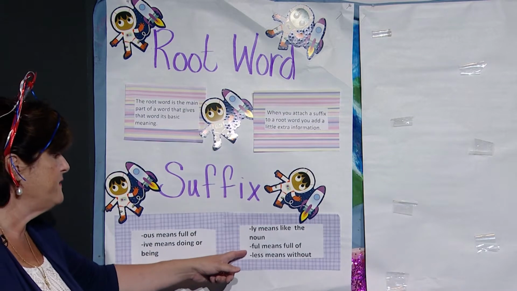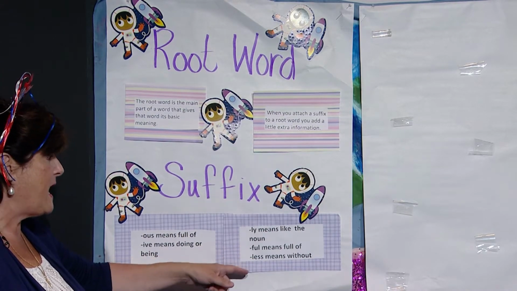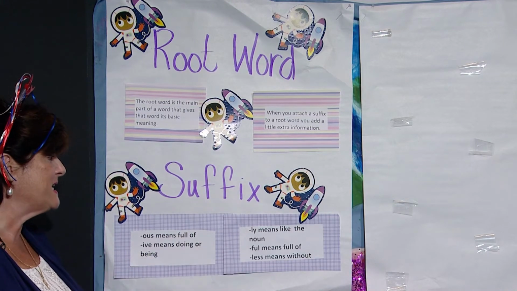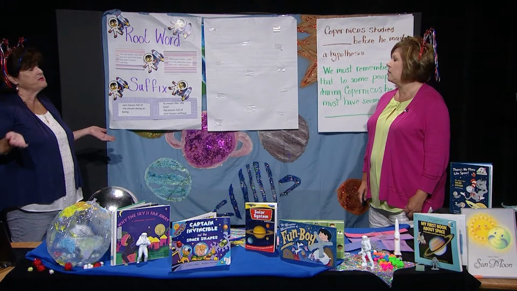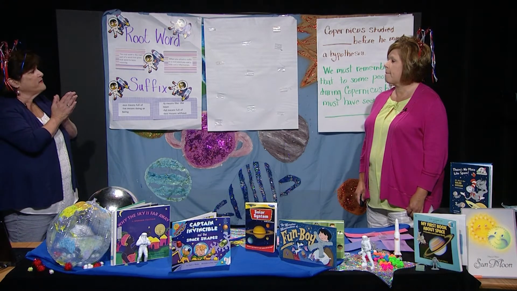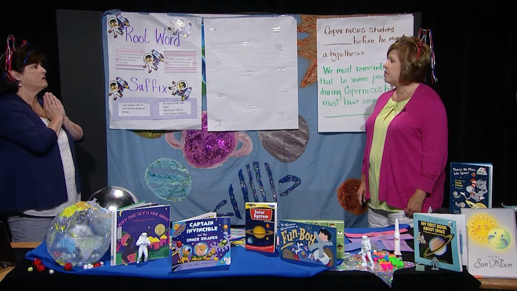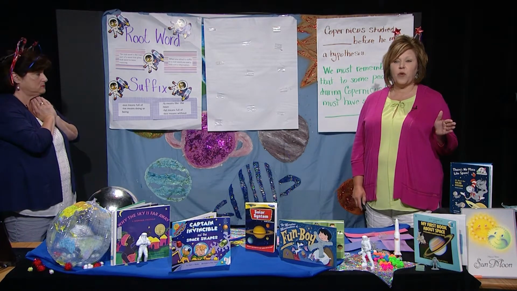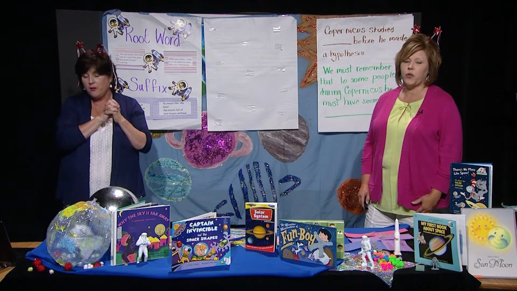We know that suffix FUL means full of, and suffix LESS means without. And you know what I forgot to say, Miss Melissa? Where does a suffix come? Does it come at the beginning of the word or the end of the word? It comes at the end of the word. A suffix is found at the end of a root word. It's attached to the root word.